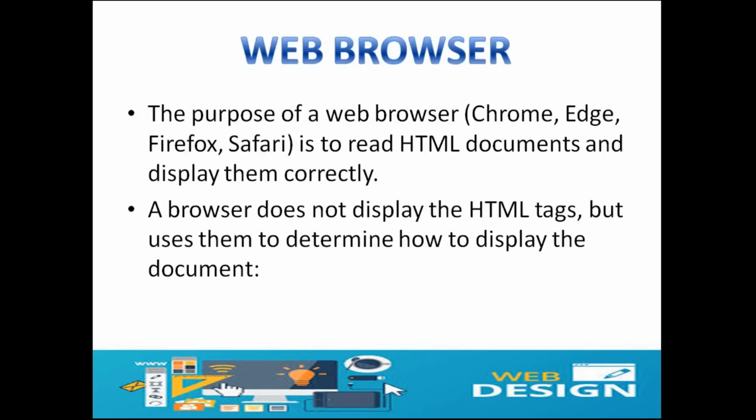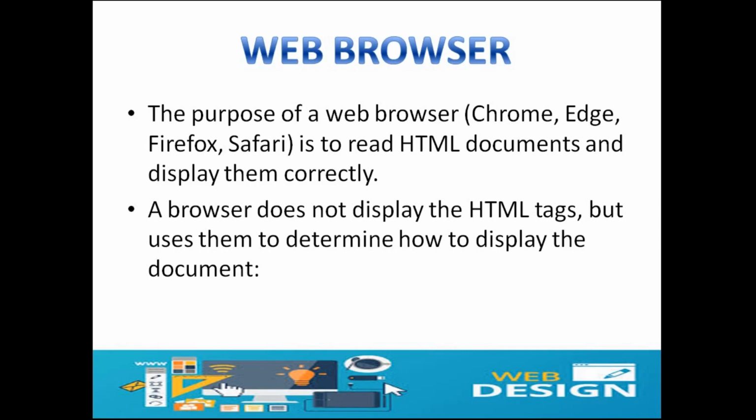Next is the term web browser. It is application software that allows you to view and explore information on the web. If you want to open a particular website, then you need a web browser, like Chrome, Edge, Firefox, Opera, etc. It is basically used to read HTML documents and display them correctly.